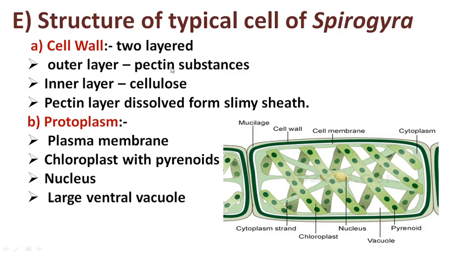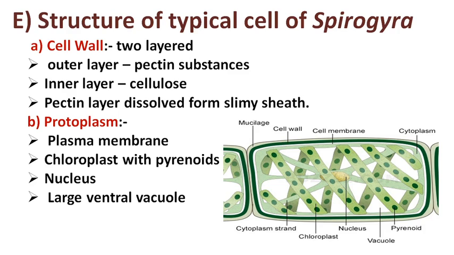The outer layer is made up of pectin substances, while the inner cell wall is made up of cellulose. This is the outer cell wall, and this is the inner cell wall.